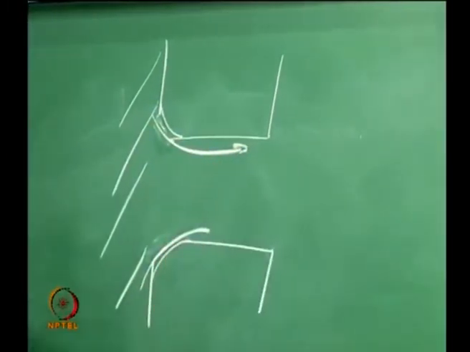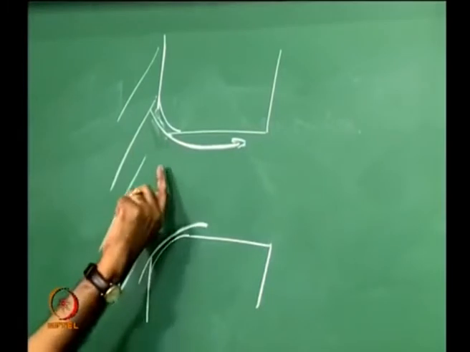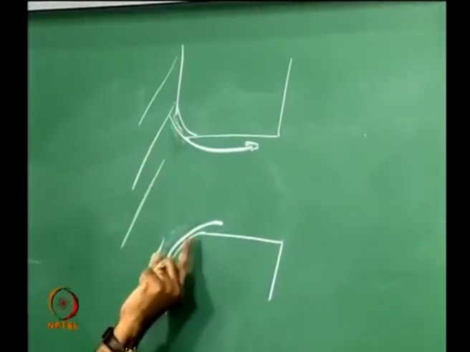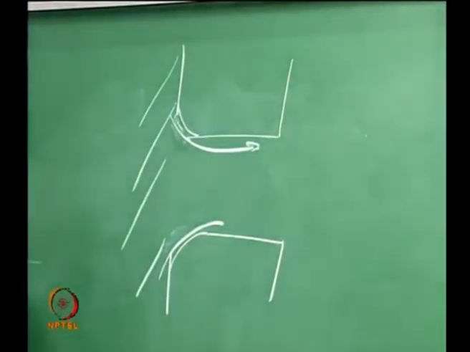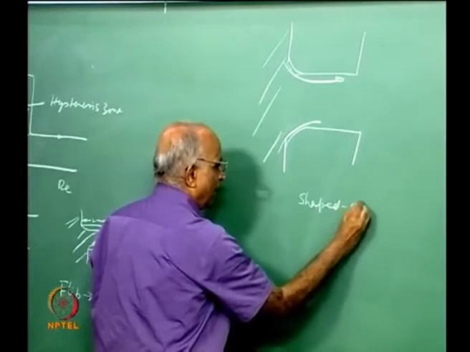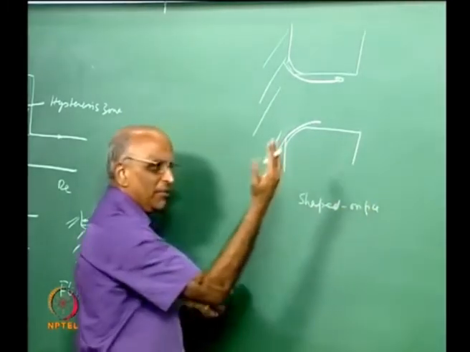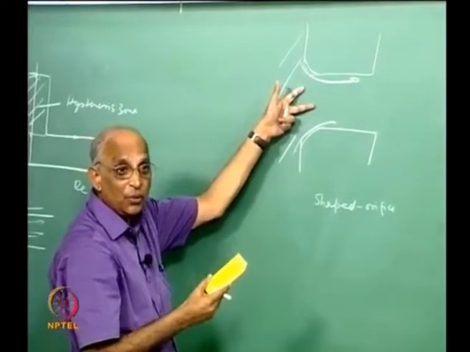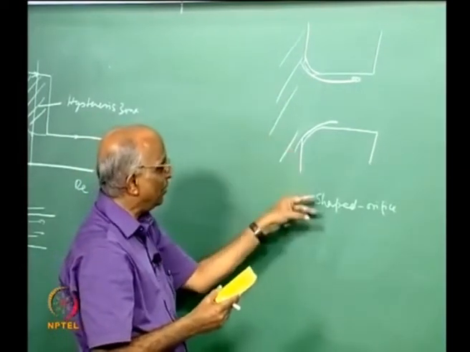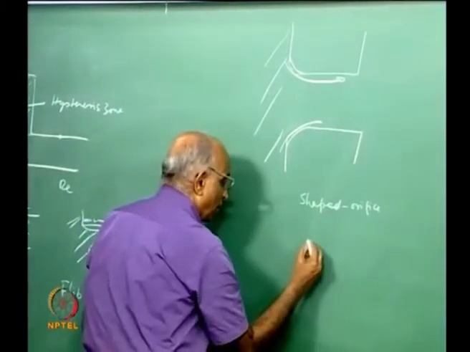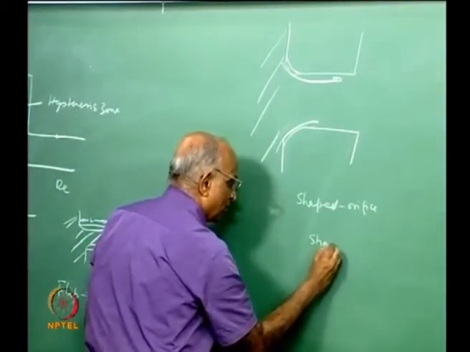This will give you full flow, but to fabricate such things is difficult. I could have an orifice which is like this, the next one would be different. To get reproducibility in a shaped orifice is more difficult, and in a shower we have 40 holes, in a rocket we might have 80 holes or 100 holes or 200 holes. To get so many holes drilled with shaped orifices is difficult, and therefore we normally use what are known as sharp edged orifices.